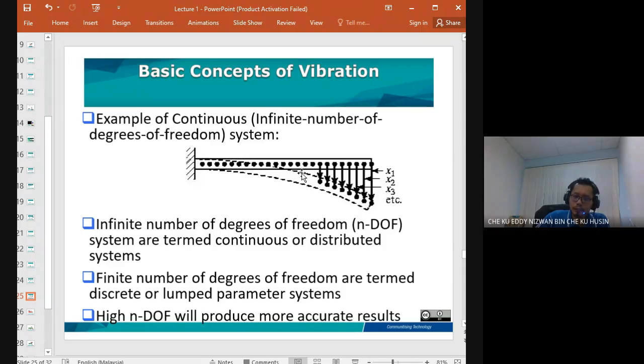This is actually very important because you can relate the motions with the natural frequencies, because every natural frequency has its own mode shape.